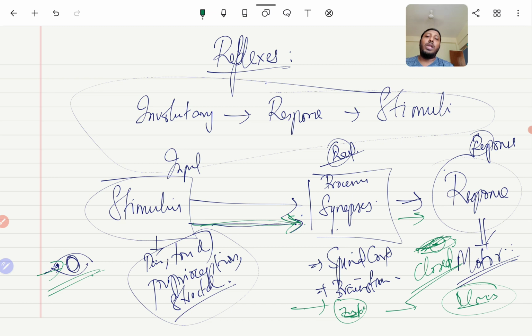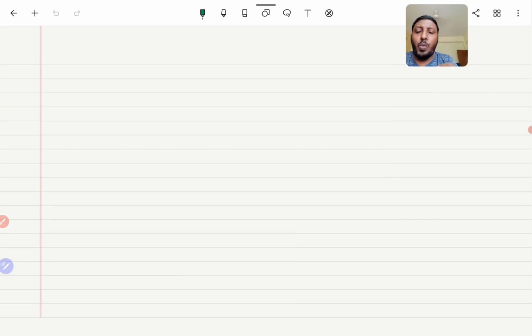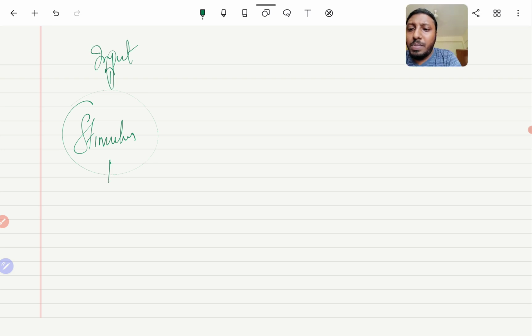The general way to think about a reflex is in this pathway. First there is a stimulus, which could be considered an input, maybe touch, whatever.